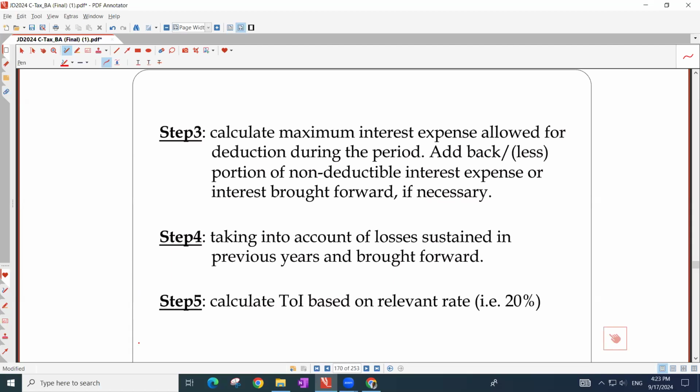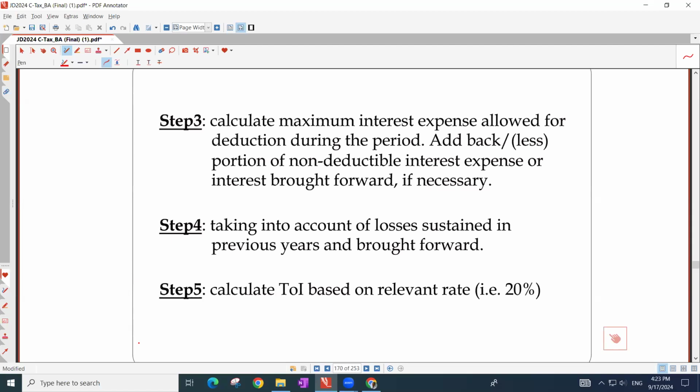And step 4, take into account losses from previous years. After we calculate tax on income by making adjustments with respect to the interest expenses, we get what we call taxable profit for the year.